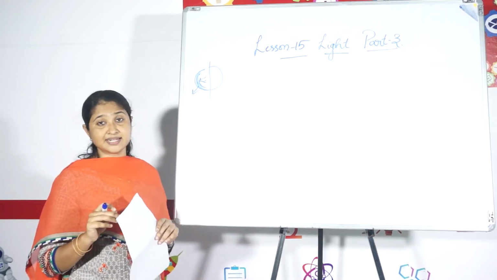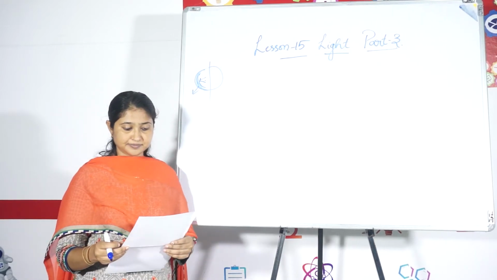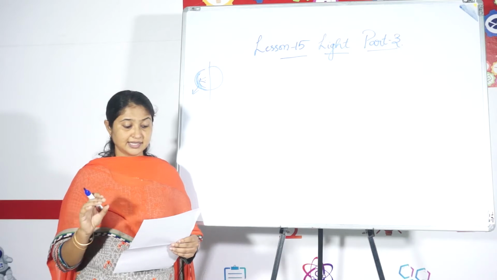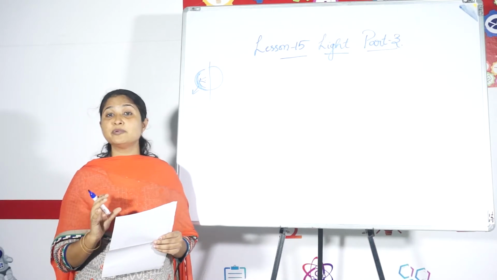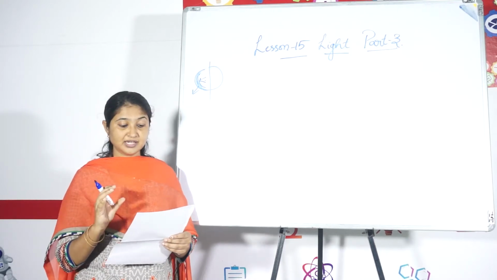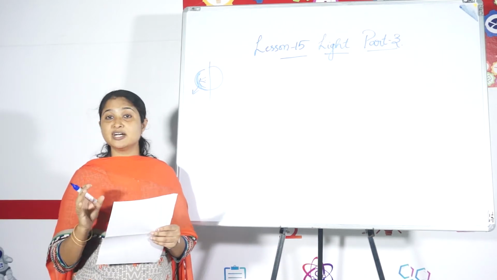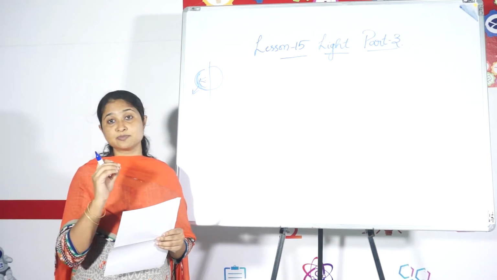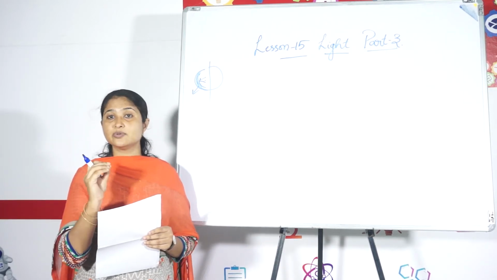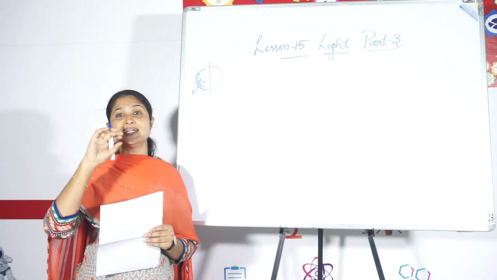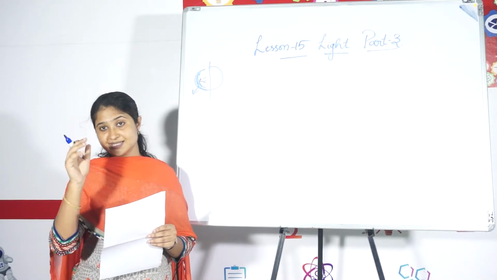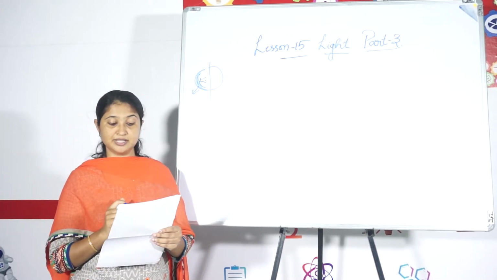That's what we studied. And we studied that the image formed by the concave mirror is always a real, inverted image. Take a spoon and when you look at it, you can see yourself inverted, upside down, on the spoon. That is the inverted image.